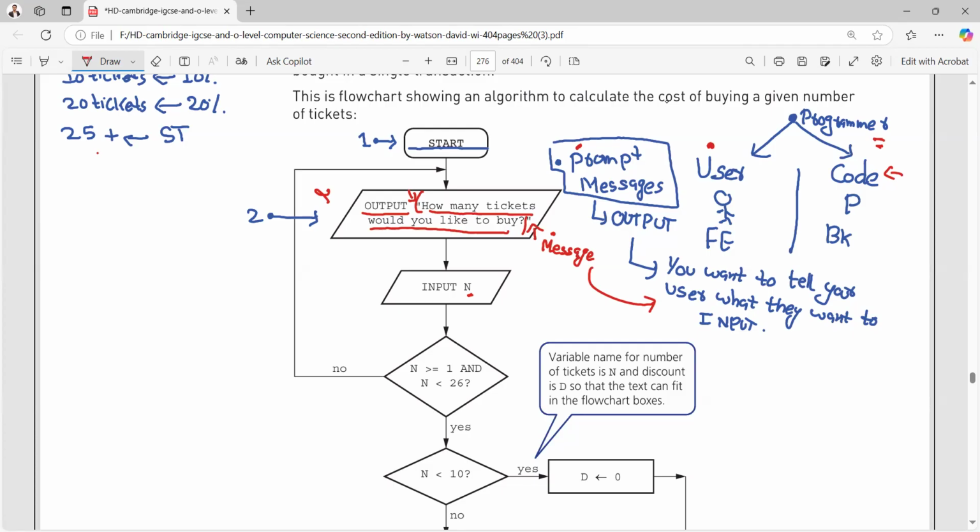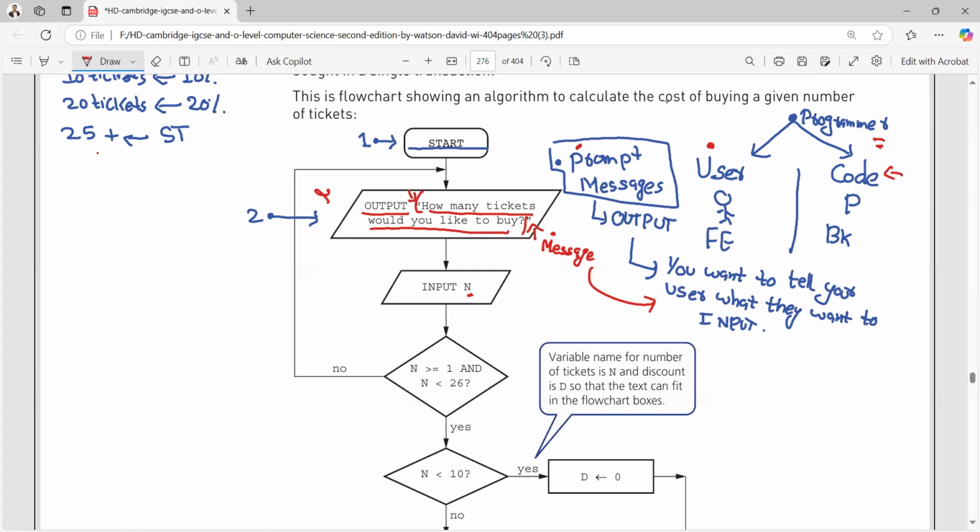Yes. Now, can you repeat this? Repeat what? The prompt, meaning the message part? Yeah, the prompt message is when you want to tell the user what to input, you write a message to them. Why do we do it? So they can know what to input.